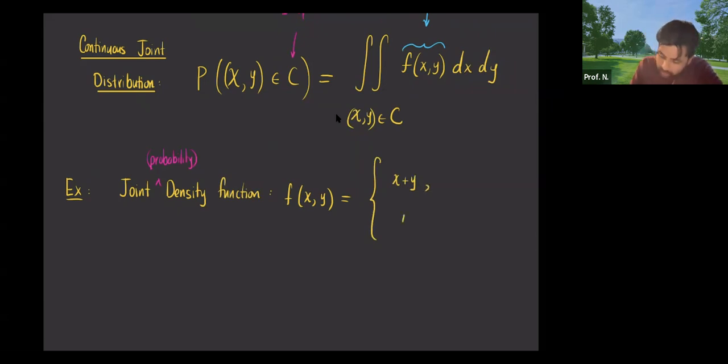Now what gets more complicated is the description. So x plus y for what? For when x is between 0 and 1, and when y is between 0 and 1.